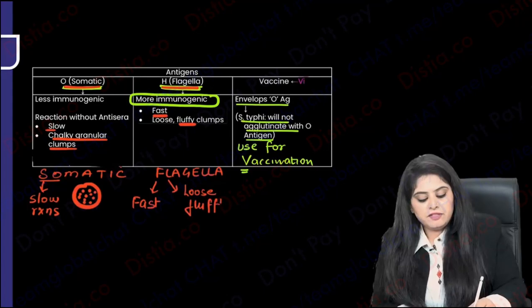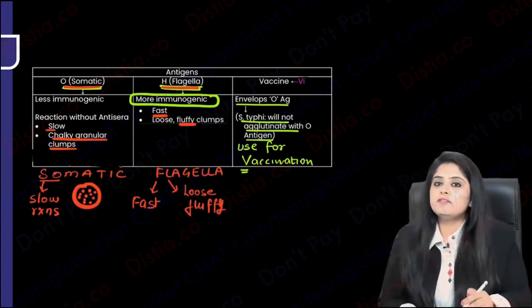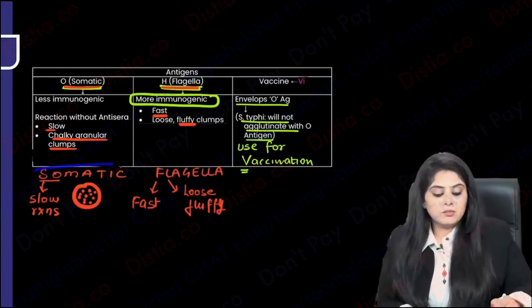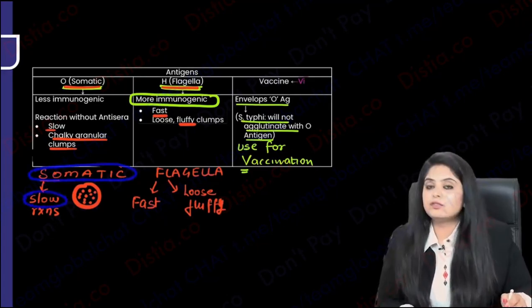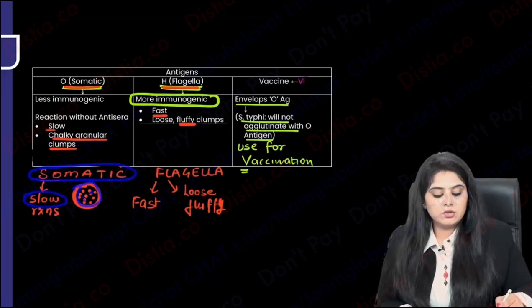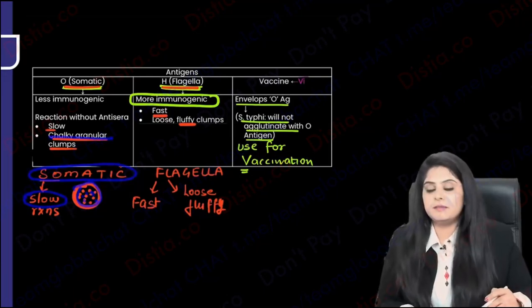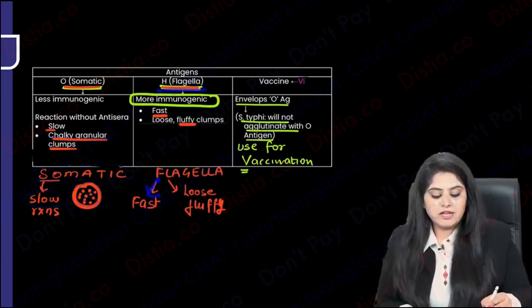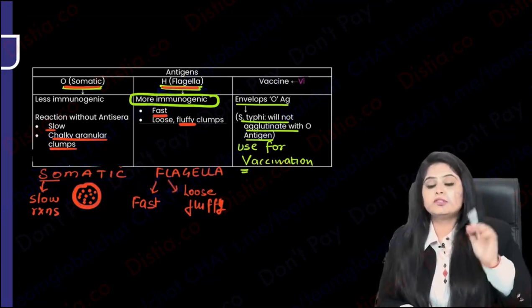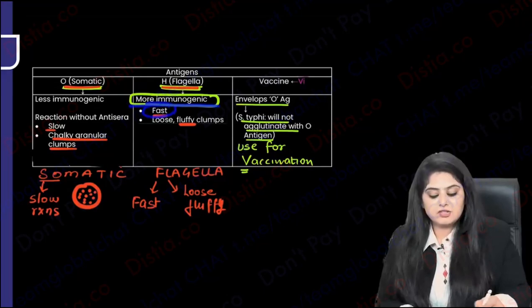So life can become simple if we want it to be. So remember, the somatic antigen will give a slow reaction and the O antigen, granularity will be seen. Whereas flagellar, F for fast reaction, L for loose, fluffy. But what's the concept? Why is it giving a fast reaction?